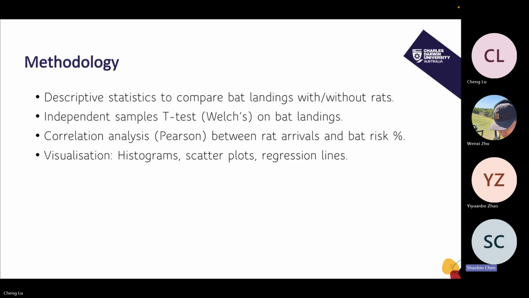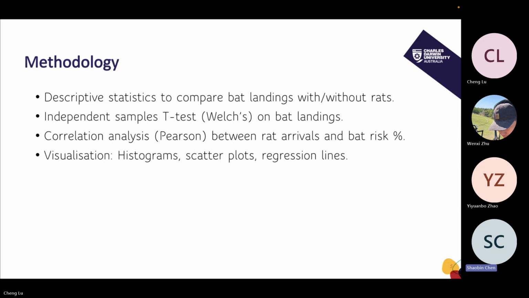For methodology, our analysis has two tracks: descriptive comparison and an inferential test. First, in descriptive comparison, we compare bat landing activity in 30-minute windows with rats and without rats. Then we visualize the distribution of rat arrival number with 0 and non-zero. Second, for the inferential test, we have two different tests.